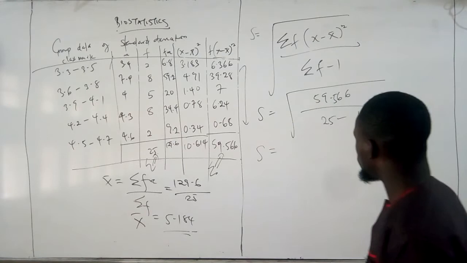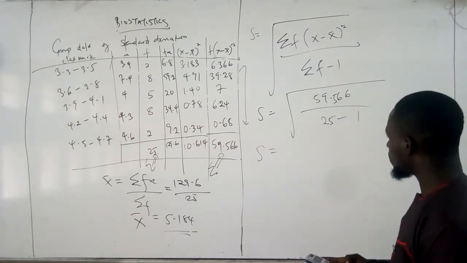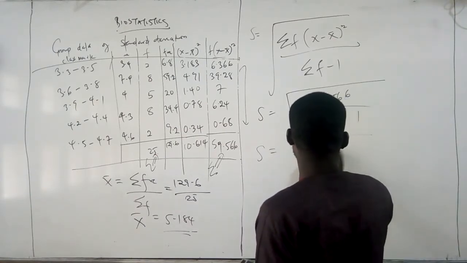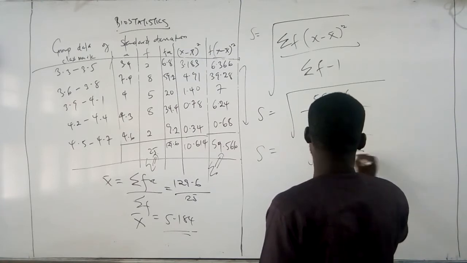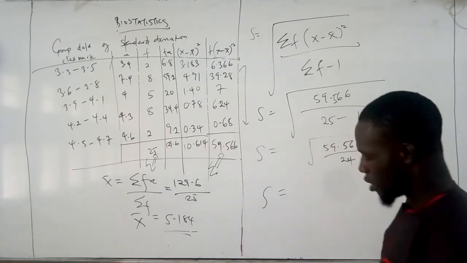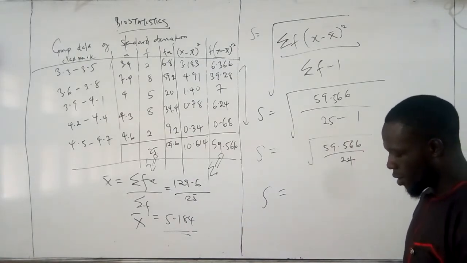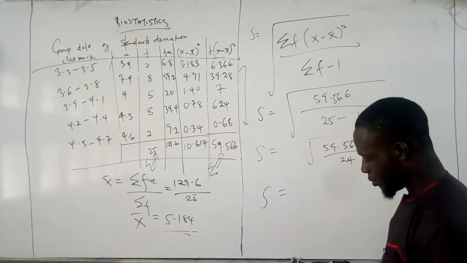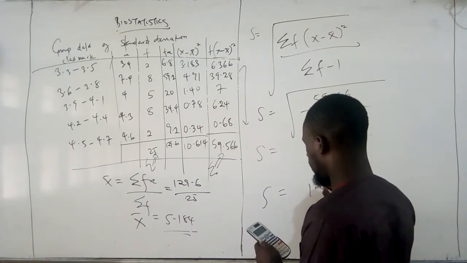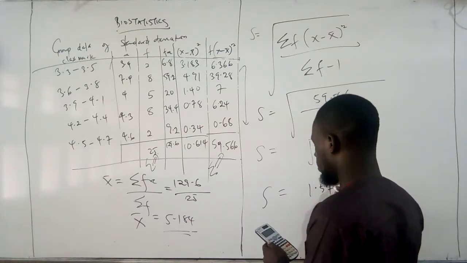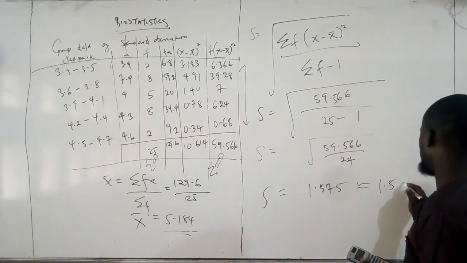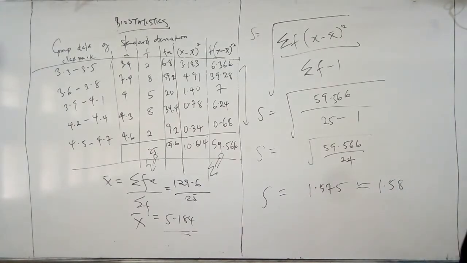So 59.566 all over 24. Am I right? So now we divide it and find the square root of your answer. So the square root of the answer gives you 1.575, or you can approximate it to 1.58. So this is our standard deviation.